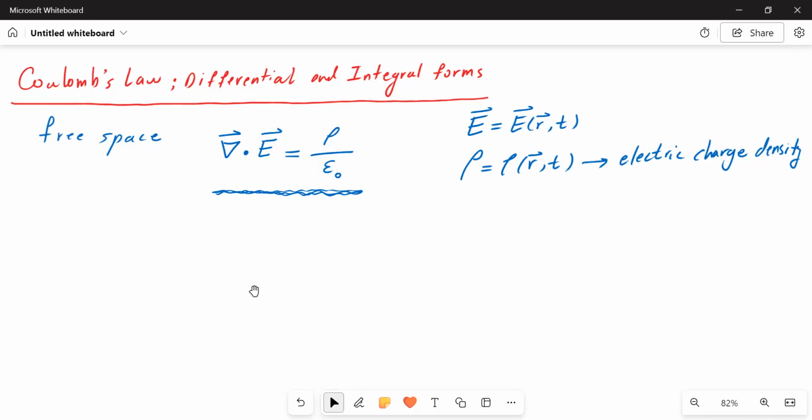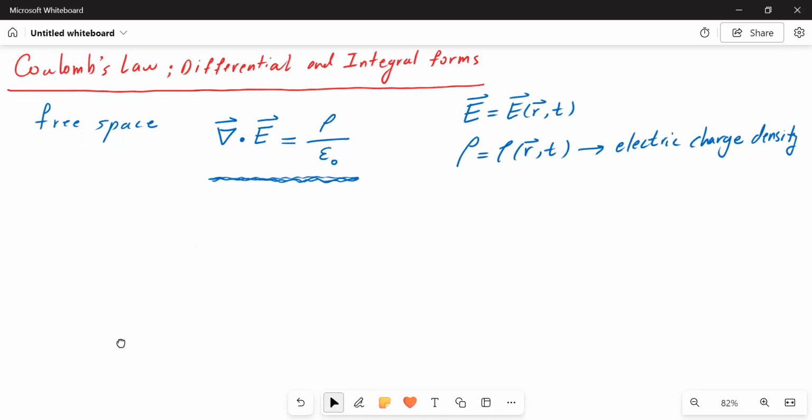All right, so let us first write down the integral form of Coulomb's law so that we would have a clear picture, and then we will try to start with one form and end up with the other form. So if this is the differential form, the integral form of Coulomb's law would be given in this form here.